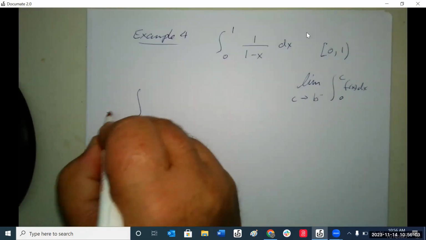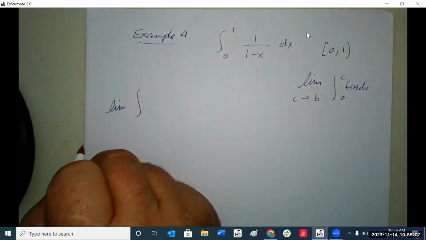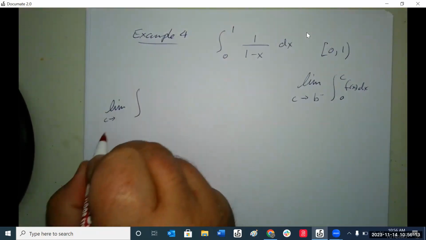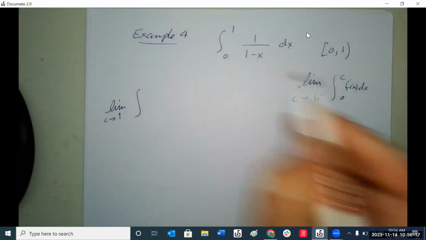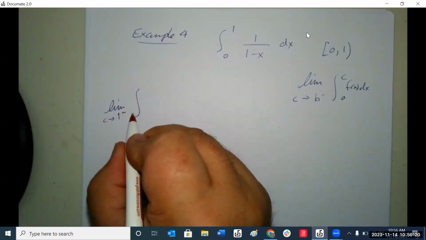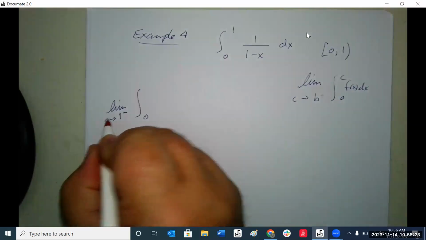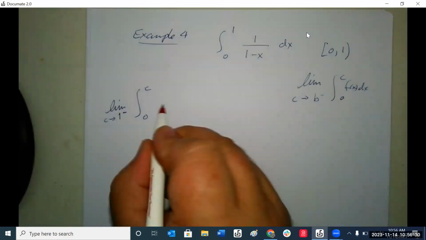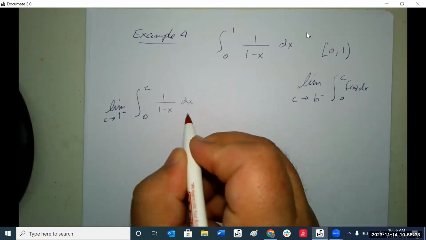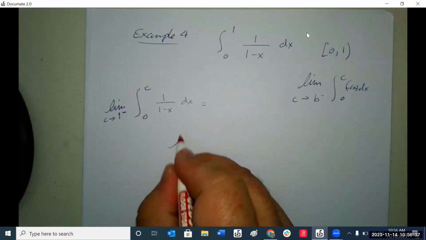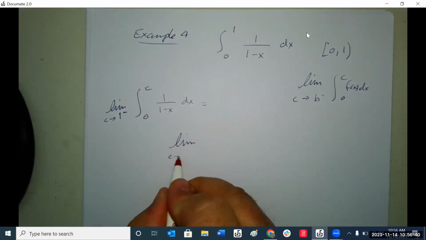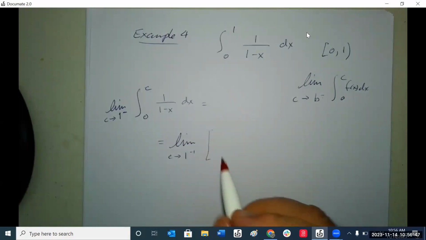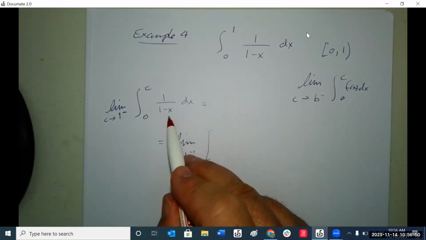So let's find the limit as C goes to 1 from the left of the integral from 0 to C of 1 over 1 minus x dx, which is equal to the limit as C approaches 1 of the integral of this function.